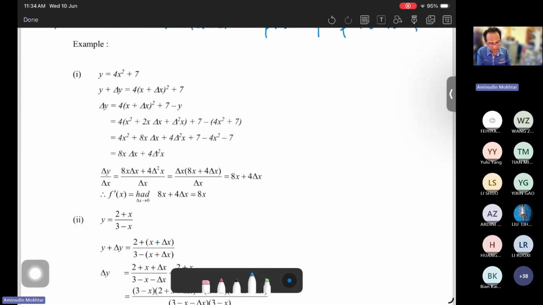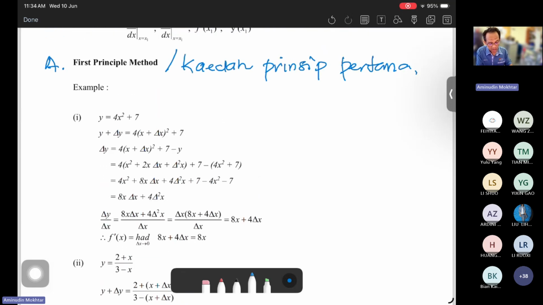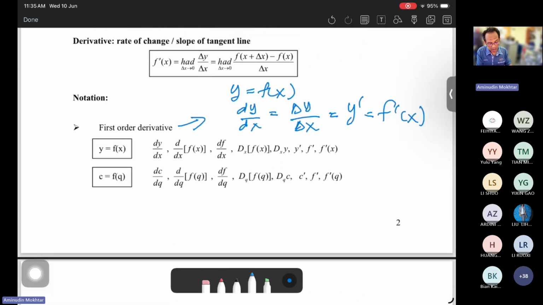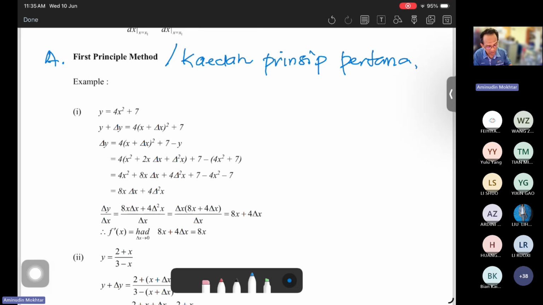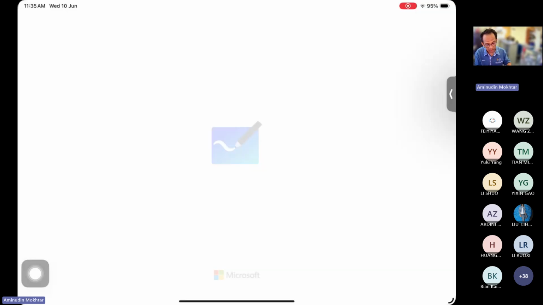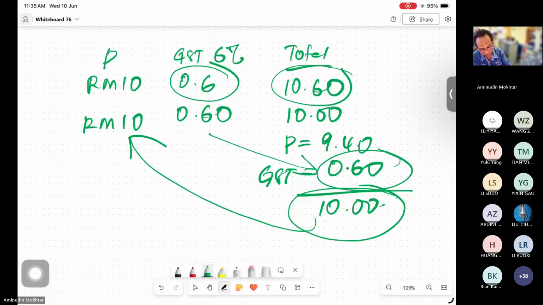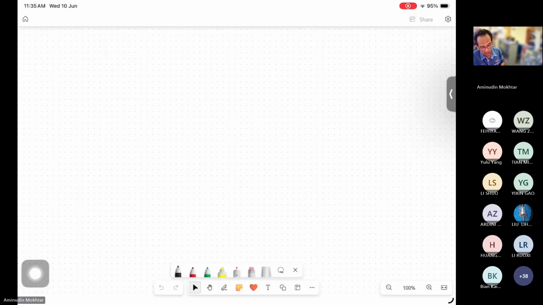How to find the first derivative, the first dy/dx, kaedah pembezaan pertama, the first order of derivative by using the first principle method. Okay, I will refer to this example. Please refer to page 3. Let's say the first principle method.